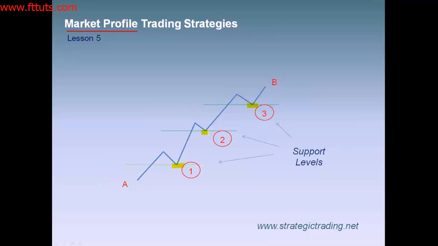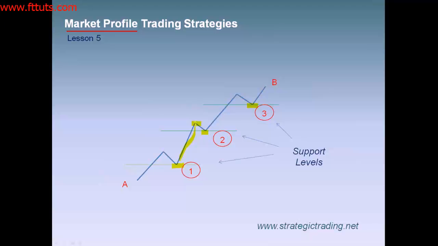Remember, to review again, one of the key principles of an auction market: an auction market is always looking for the opposite of what it finds. So in this case, prices directionally were moving up, and they were looking for the opposite of what they find. So here they found sellers, and this is the opposite of what they're looking for.